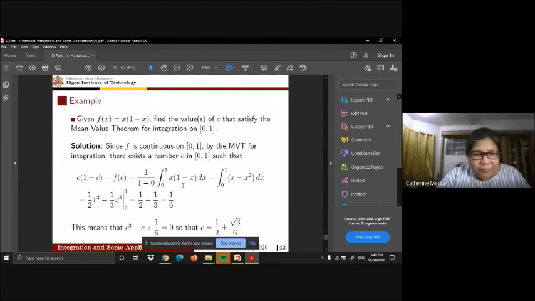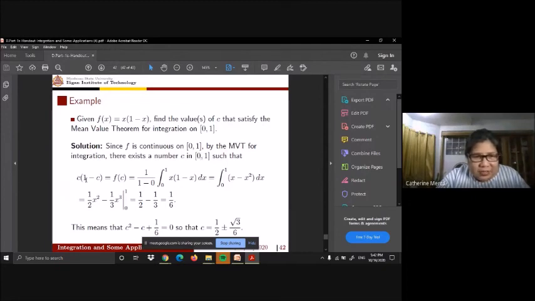Given the function x times 1 minus x, find the values of c that satisfy the mean value theorem for integration. Since f is continuous on [0, 1], by the mean value theorem for integration, there is a c in it. So the first condition is that the function must be continuous.